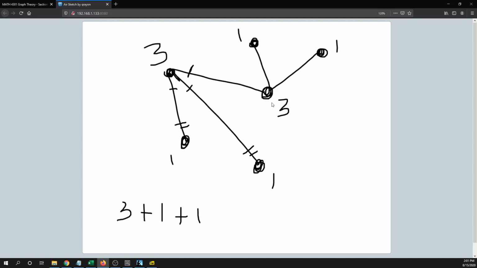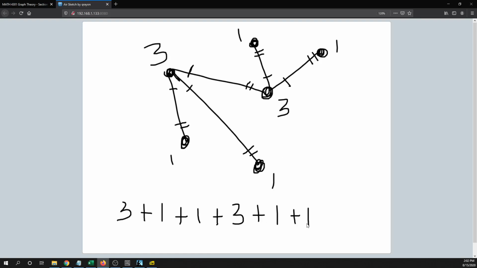Then I'll do this vertex, and so that would count this edge for the second time, this edge for the first time, and this edge for the first time. Then this +1, so I'm counting this edge for the second time, and then finally this vertex. You can see I'm counting that vertex for the second time.